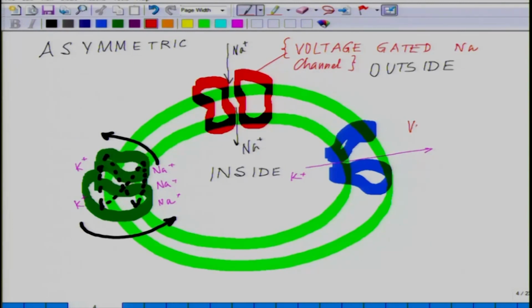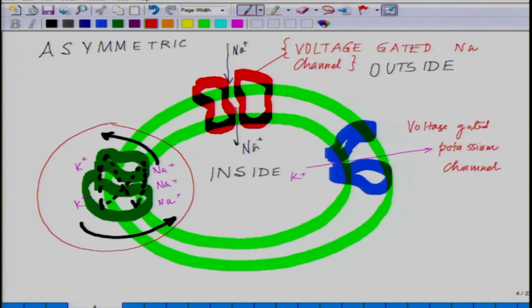These are voltage gated potassium channels, and these are sodium potassium ATPase pumps.